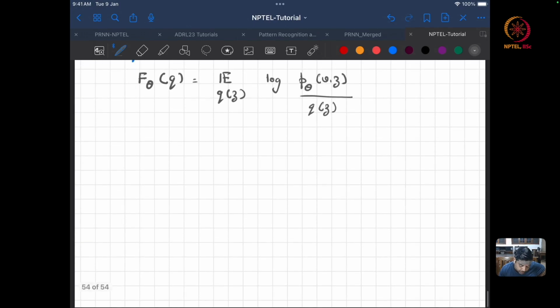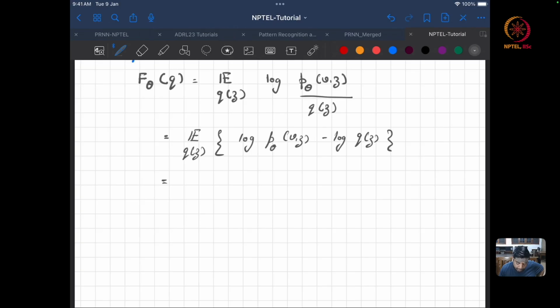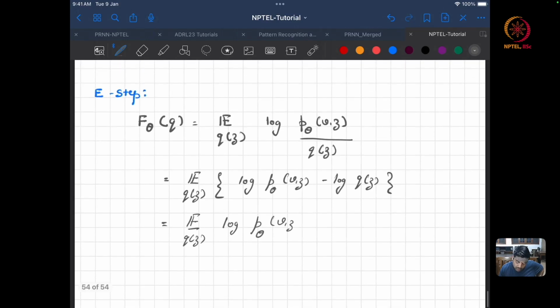So then this will be expectation over Q of Z of log of P theta of V comma Z minus log of Q of Z. Oh sorry, a small notational mistake.